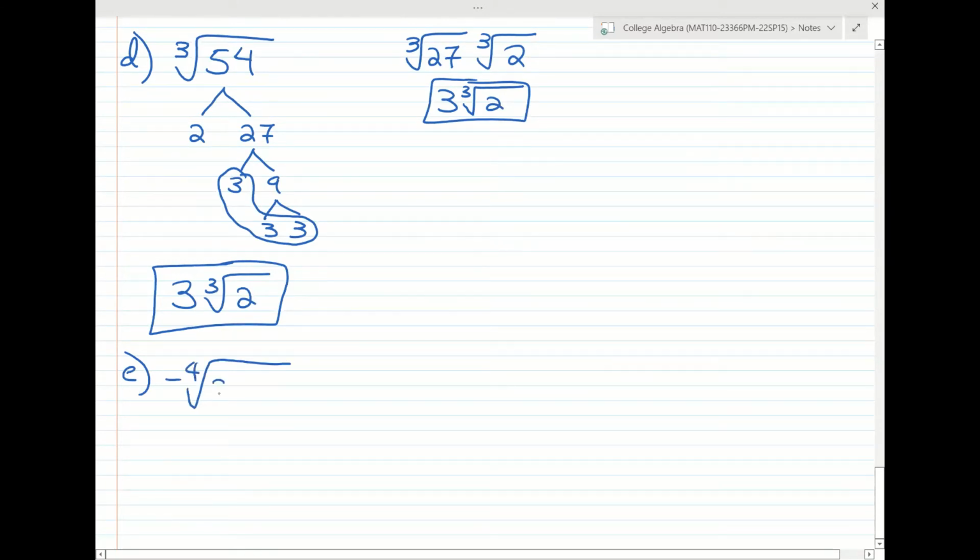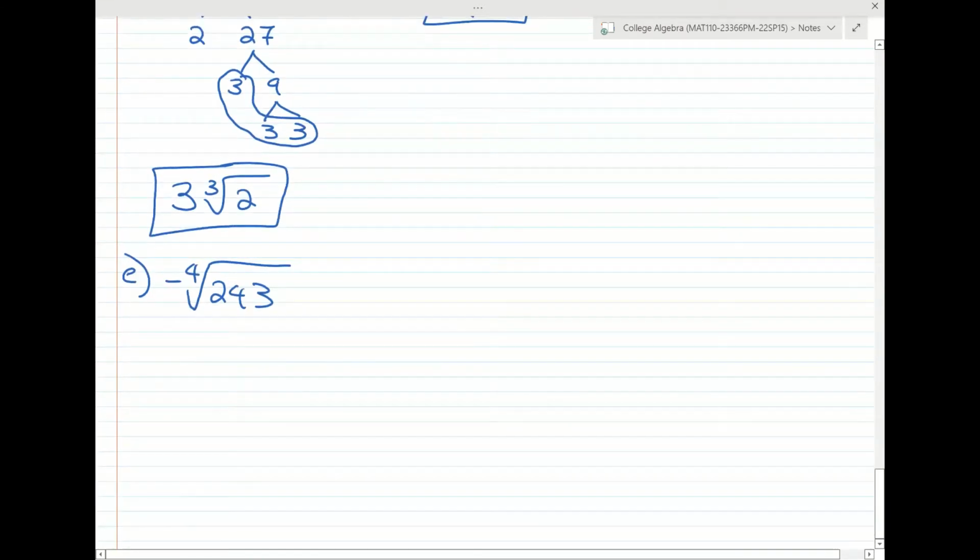Negative fourth root of 243. I have no idea what fourth root goes into that, so I'm going to have to use the tree here. 243, I think 3 goes into that, so 243 divided by 3 is 81. 81 is the same thing as 9 times 9, which is 3 times 3.